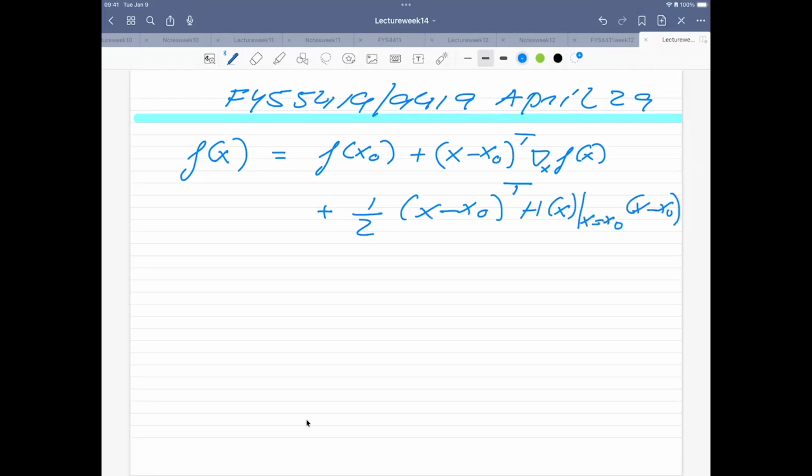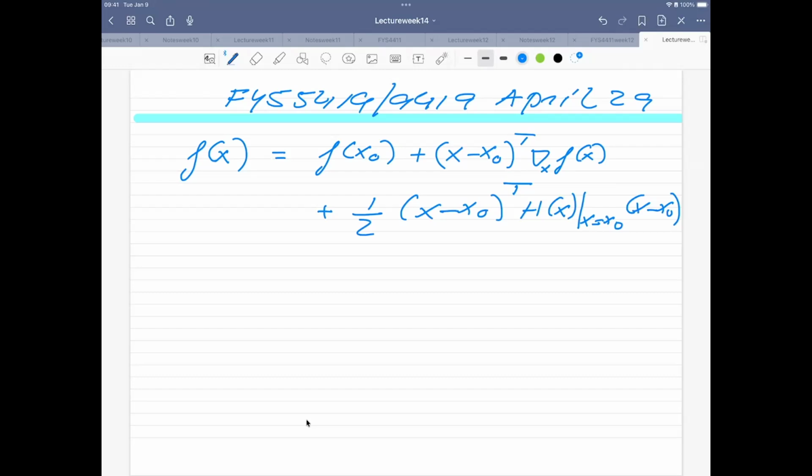If you think of a Taylor expansion, if these are scalars, we don't need to worry about matrices and vectors. But if we're dealing with more than one variable, then Taylor expanding the function f of x around the point x0 leads to an approximation where we have the first derivative and the second derivative.